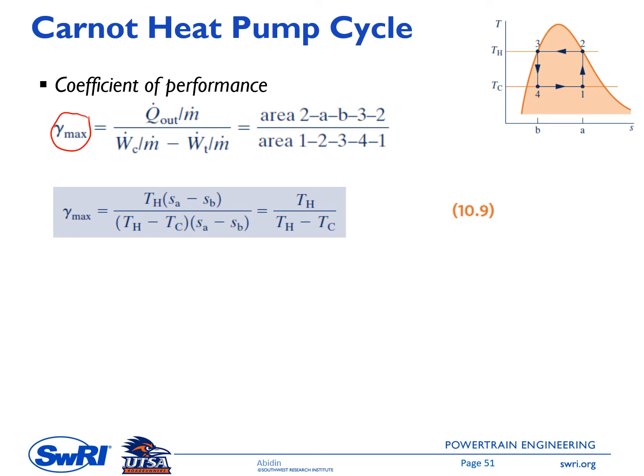So this is the area surrounded by point 2, A, B, 3, 2, divided by the area surrounded by points 1, 2, 3, 4, 1. So if I use this line, this is the net work, and then Q dot out over m dot here is this area.